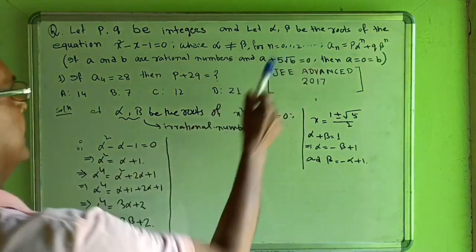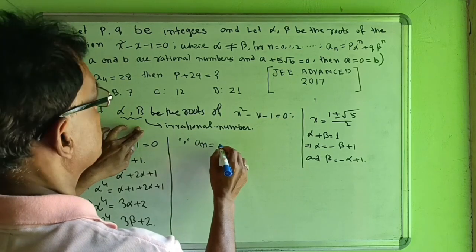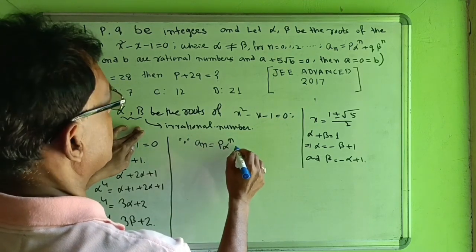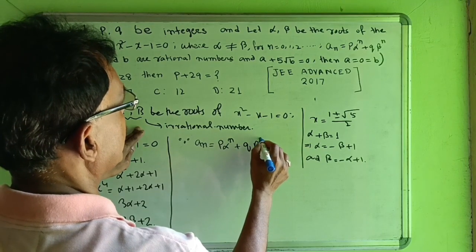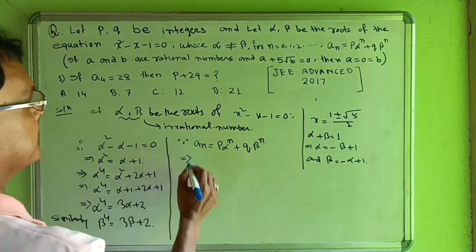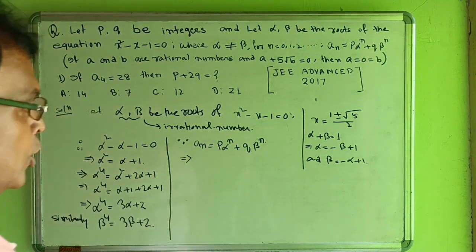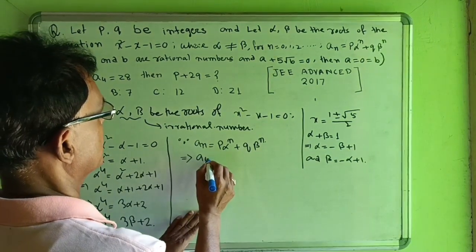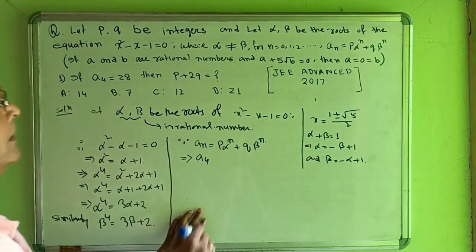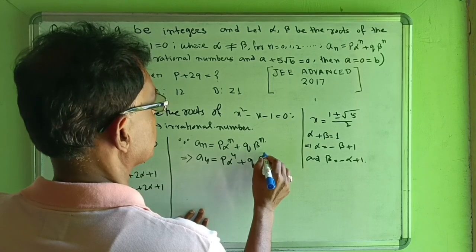Since it is given that a_n is equal to p alpha to the power n plus q beta to the power n, putting n equal to 4, we get a4, which is equal to p alpha to the power 4 plus q beta to the power 4.